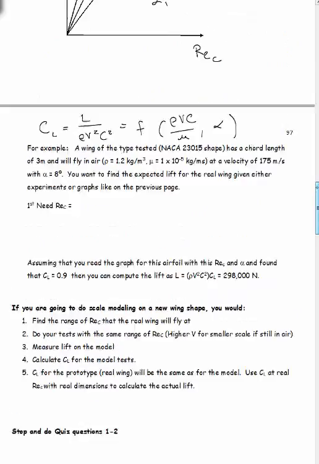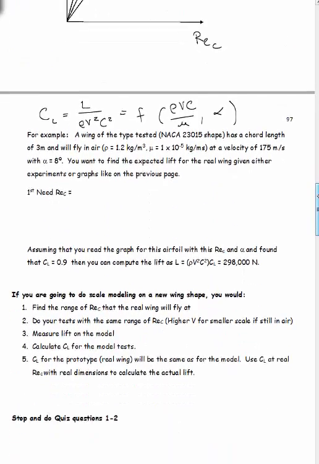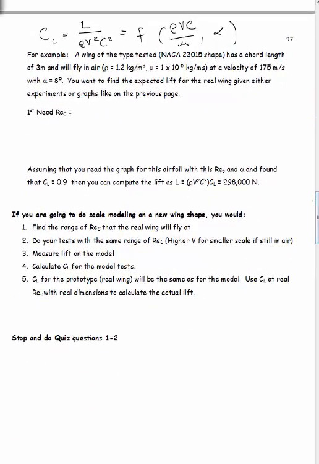So let's say we did a model test. We found this all using small models, and now we want to use that in order to figure out what kind of lift we're going to have on the real thing. Okay, so the first thing you got to do is equate your independent variables, over here. So you need your Reynolds number, rho v c over mu, and if I plug all that information up above, I get 6.3 times 10 to the 7th. Okay.